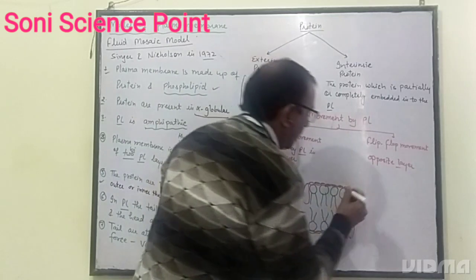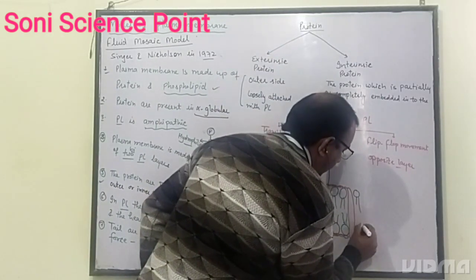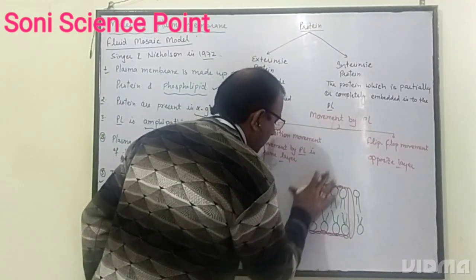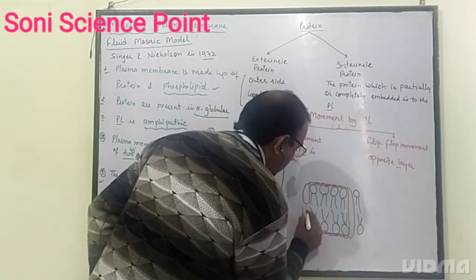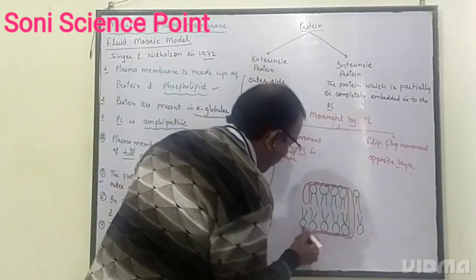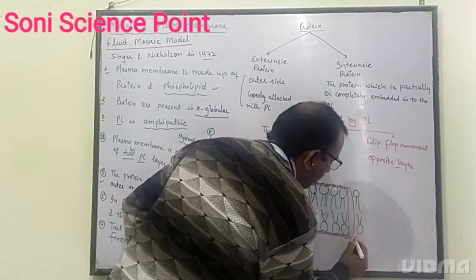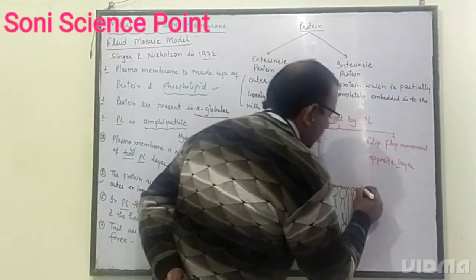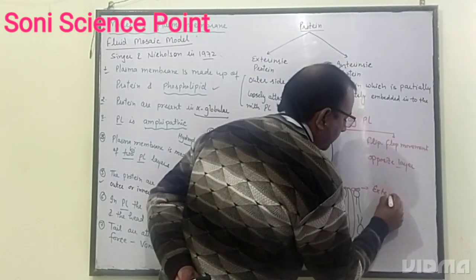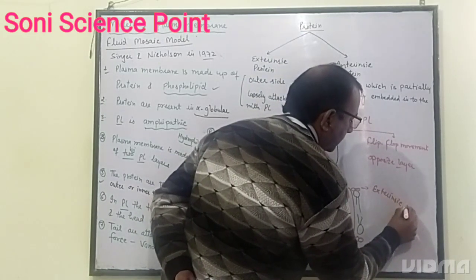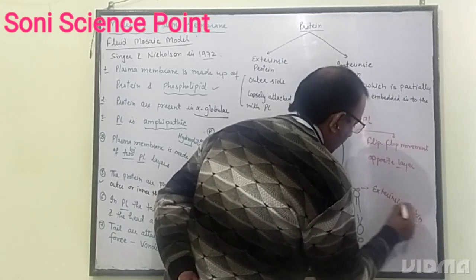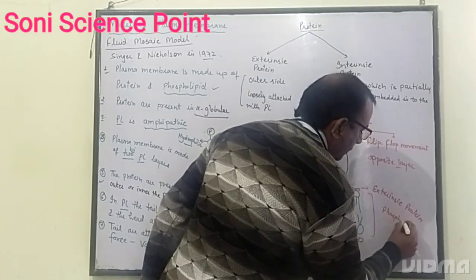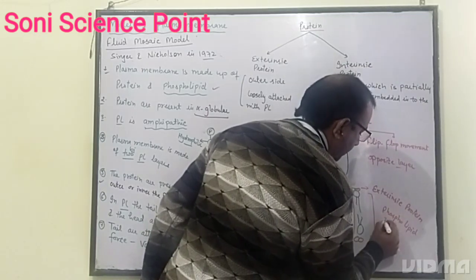One more drawing of the phospholipid layer. It also contains extrinsic protein. Clear? This one is extrinsic protein, and these are the phospholipid bilayer.